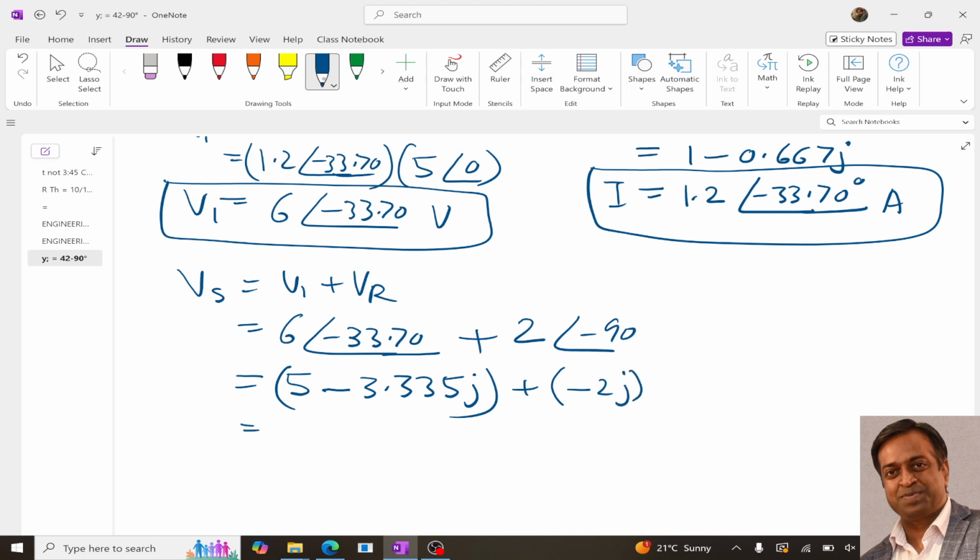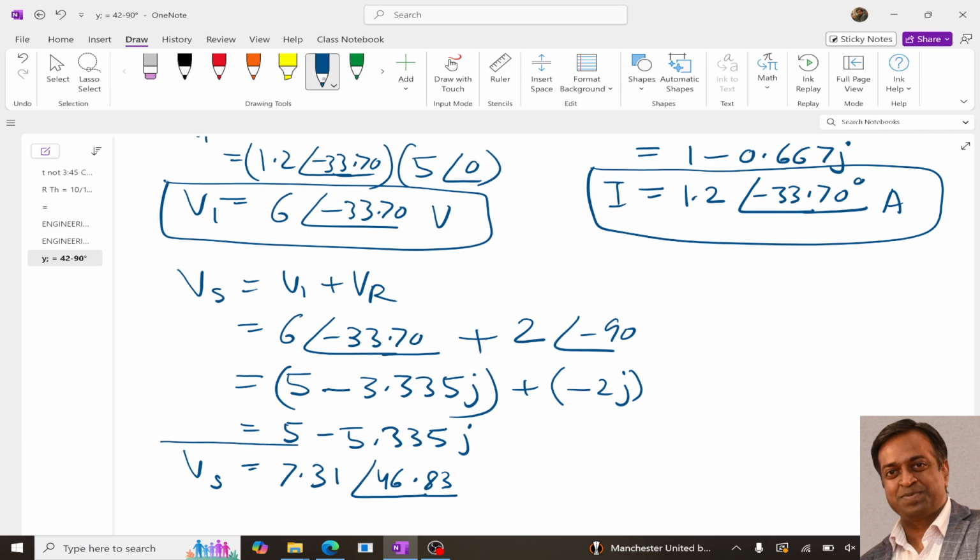So this will be 5 minus 5.335j. So in polar form it will be 7.31 angle 46.83 degrees. So this is our Vs, and it is in volts.